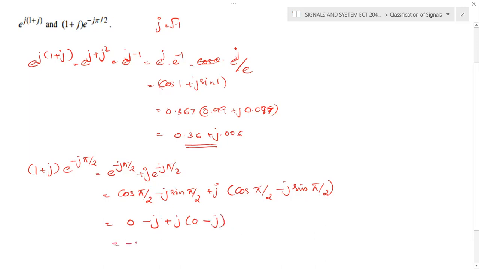If you simplify this, minus j into j becomes j into j is minus 1, minus into minus plus 1. So you'll get minus j plus 1, or you can write 1 minus j. Okay. That will be the notation.